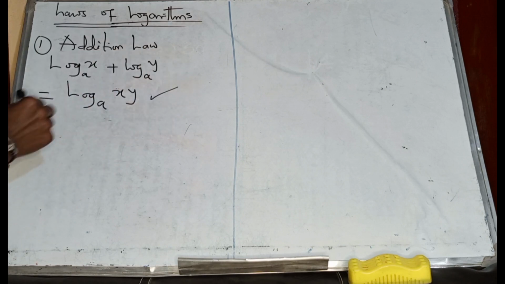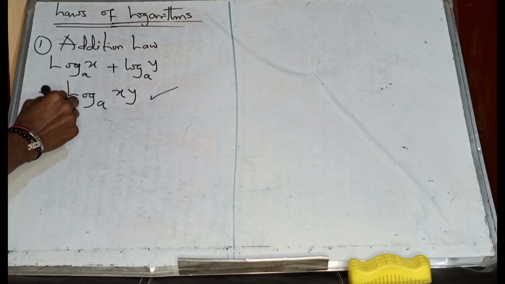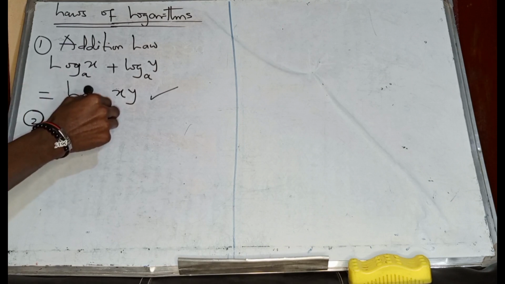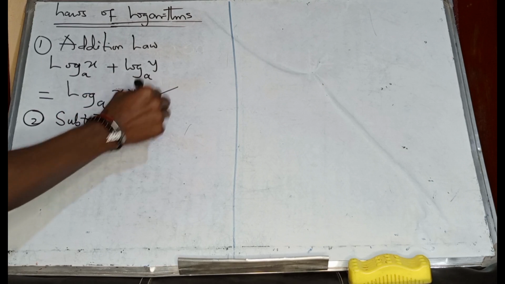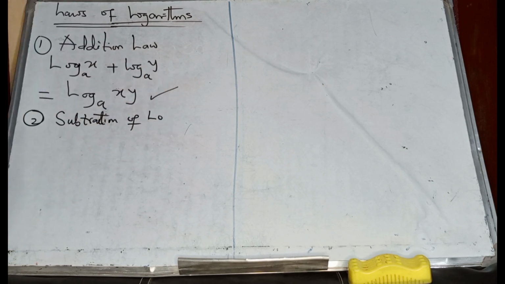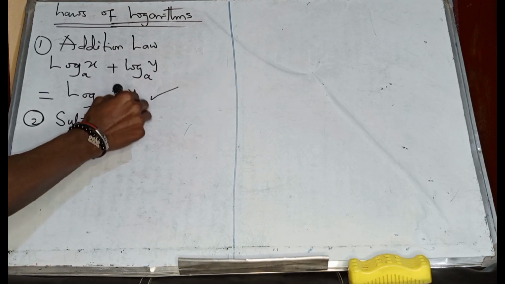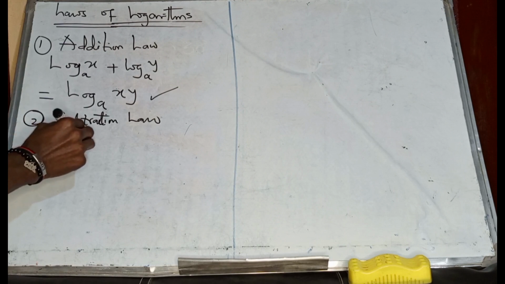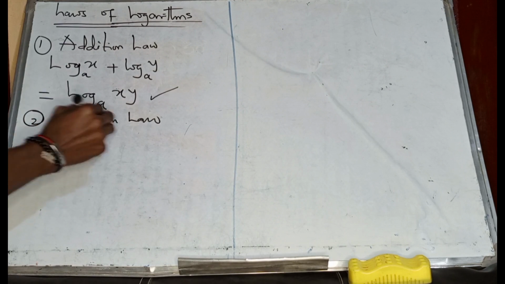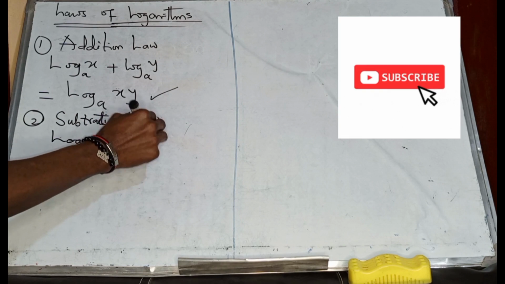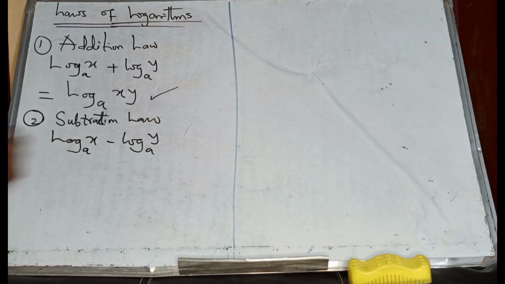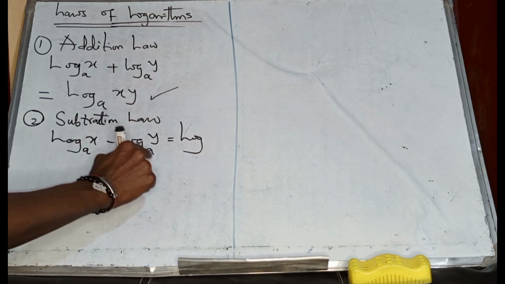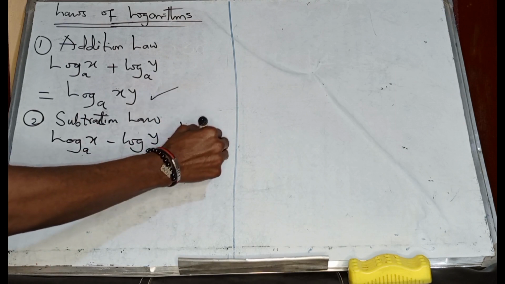Next we're talking about the subtraction law of logarithm. In the subtraction law, if we have log x to the base of a minus log y to the base of a, according to the laws of logarithm, you're picking up a single log, which is log a.